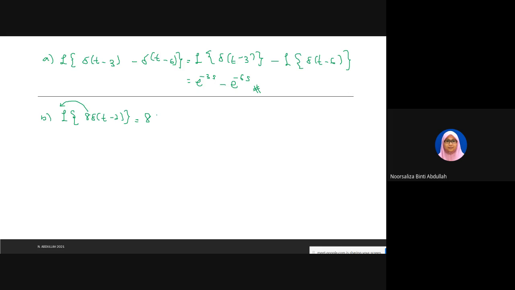So 8 and then Laplace delta T minus 2. So sama juga dengan 8 delta T minus 2 will be exponent minus 2S. Okay.